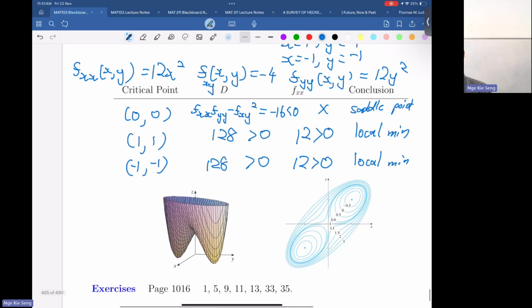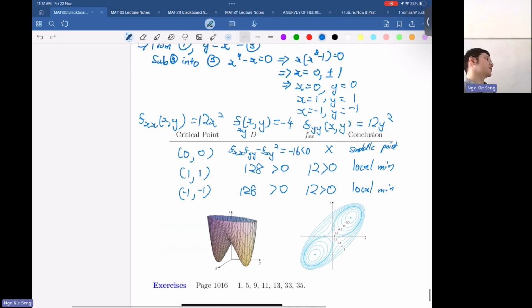So let's look at the graph here. It looks a bit like a pair of trousers. What can you see here? At (1, 1) and (-1, -1) there are local minima, and at the origin there is a saddle.